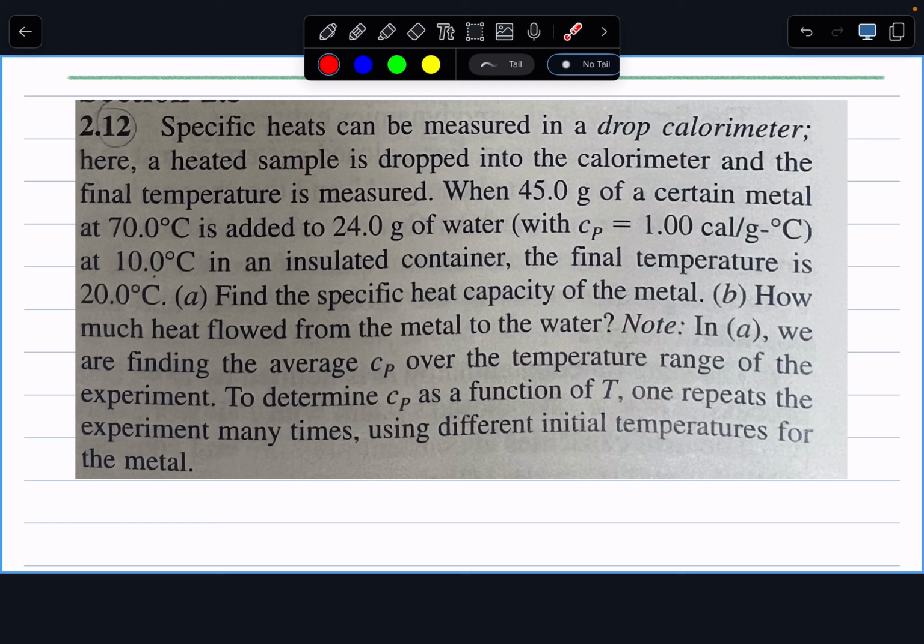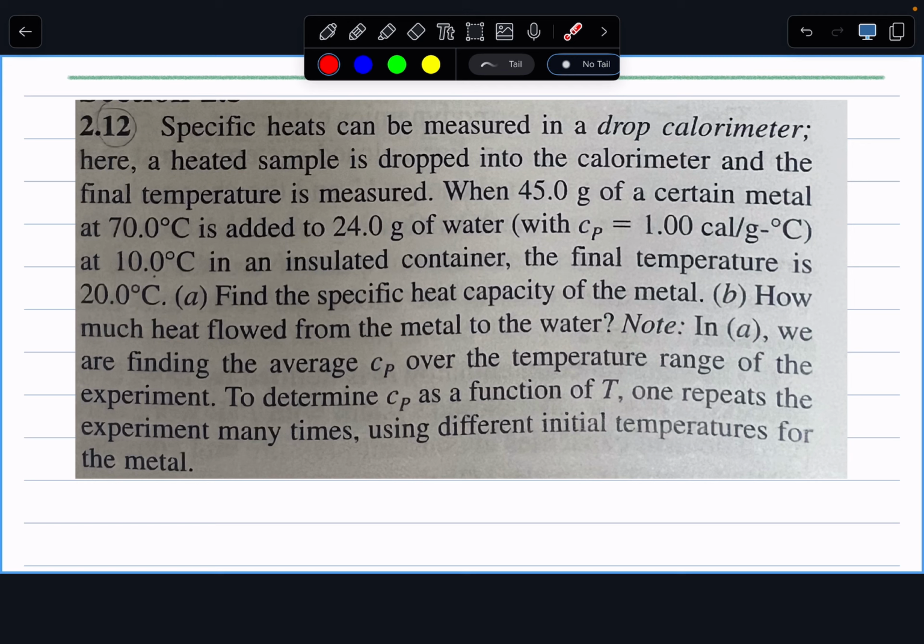When we refer to the heat capacity of the metal, we're treating it as a constant because we're only taking the measurement at the metal's initial temperature of 70 degrees Celsius. We'll go to the hint later to see what it means for the heat capacity to be a function of temperature. Right now we're treating it as a constant.